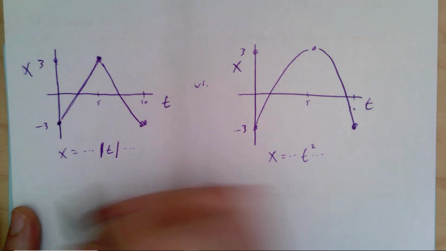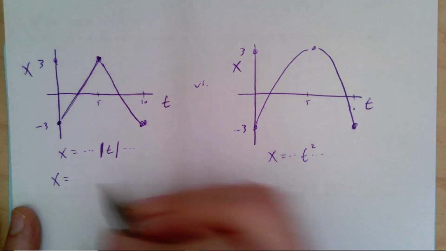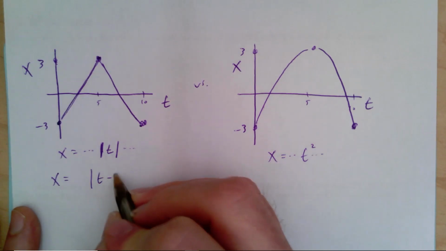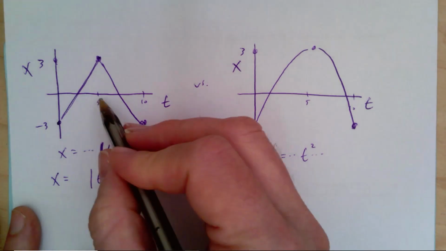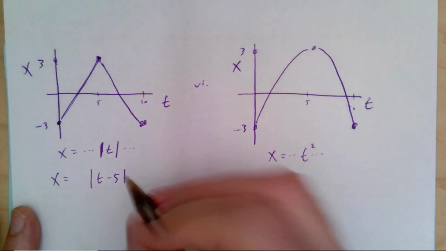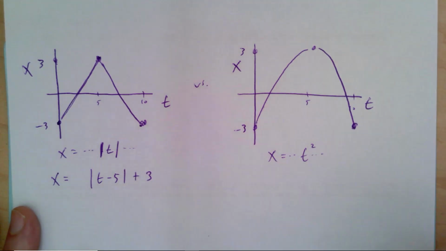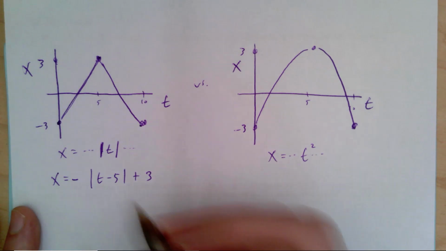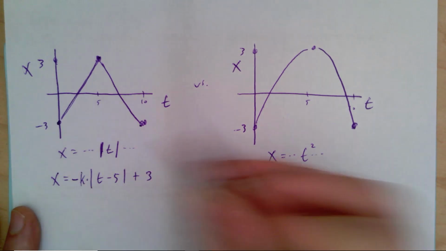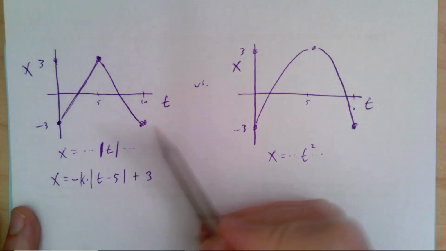So let's just look at the translations and the flipping. Here I would have on the inside, shifting it right by 5. On the outside, shifting it up by 3. And then on the outside, I'm going to flip it with a negative sign, but then I'll need some scale factor that will scale it to go through the exact points I want.